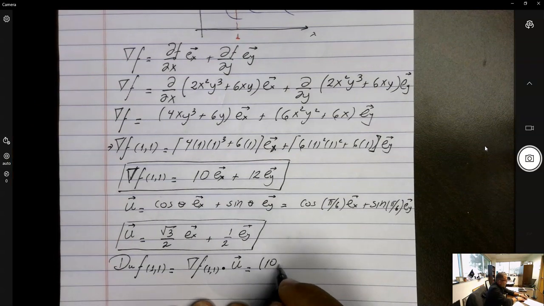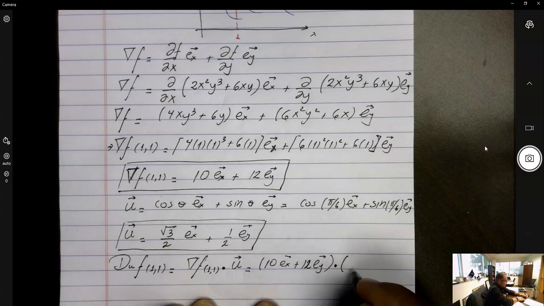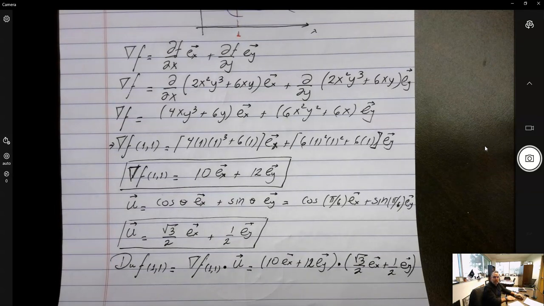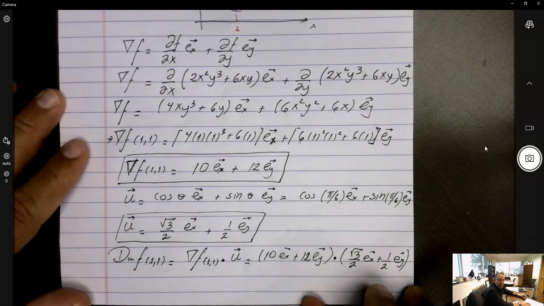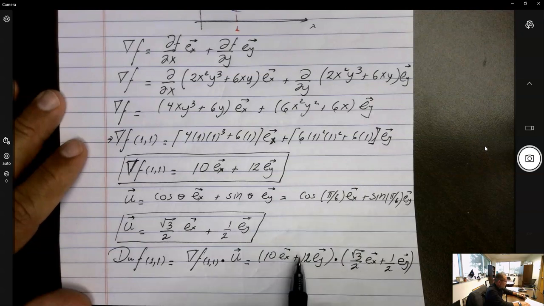So this will be 10 in the x direction plus 12 in the y direction, dotted into a vector that is square root of 3 over 2 in the x direction plus 1/2 in the y direction. And the way the dot product works, if you remember from your calculus 3, even in physics, you take the x component of these, multiply times the x component of this, you take the y component of these and multiply times the y component of these, and if there were a z component, you do the same, and then you add them all up together.